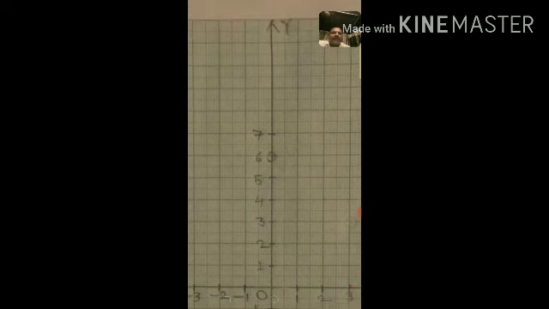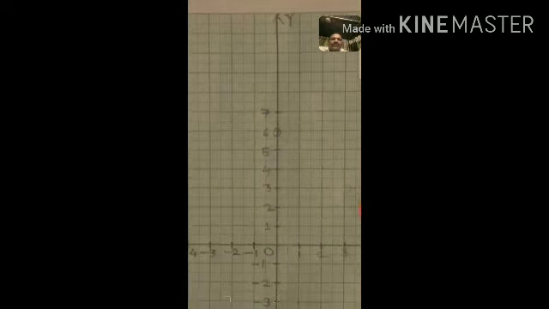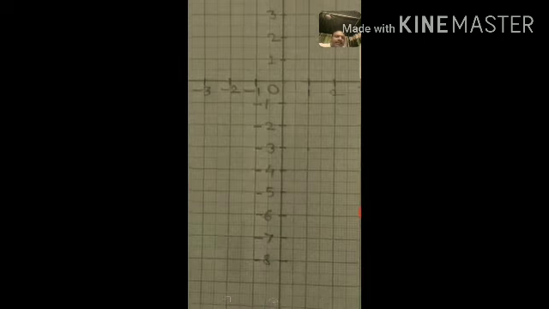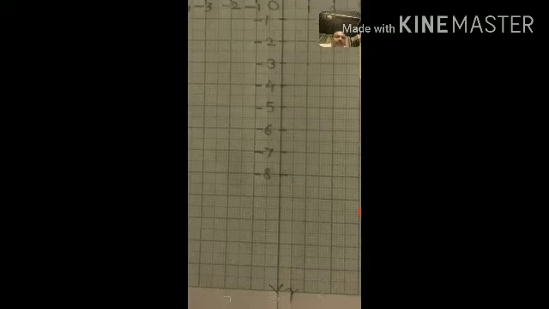Then in the upward side of the graph, +1, +2, +3, +4, 5, 6 and 7 will be written on the y-axis. Then below the origin point, -1, -2, -3, -4, -5, -6, -7 and -8 are written on the below side of the y-axis.